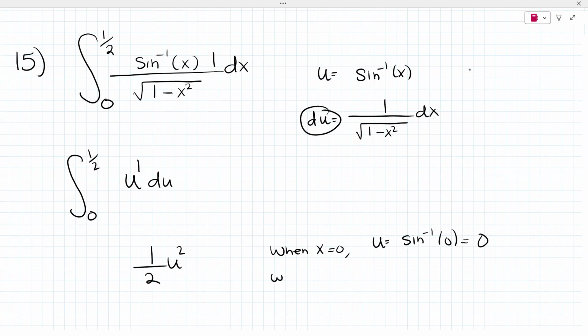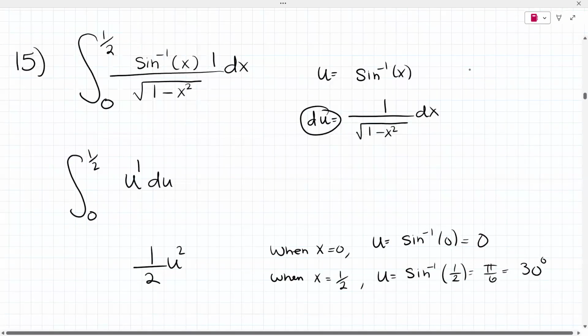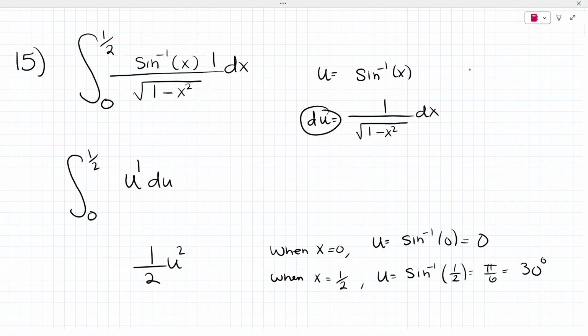And what about when x equals 1/2? Our u is going to be sin inverse of 1/2. And we know that's pi over 6, or you can also write it as 30 degrees. So instead of replacing my u with sin inverse and plugging in my upper and lower, I just rewrote my boundaries.